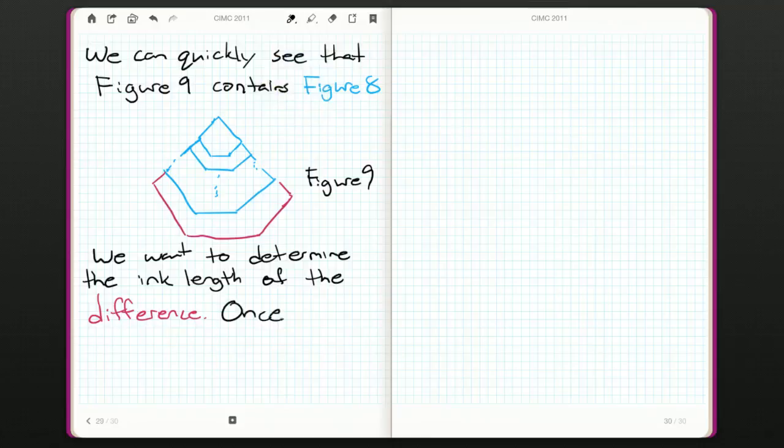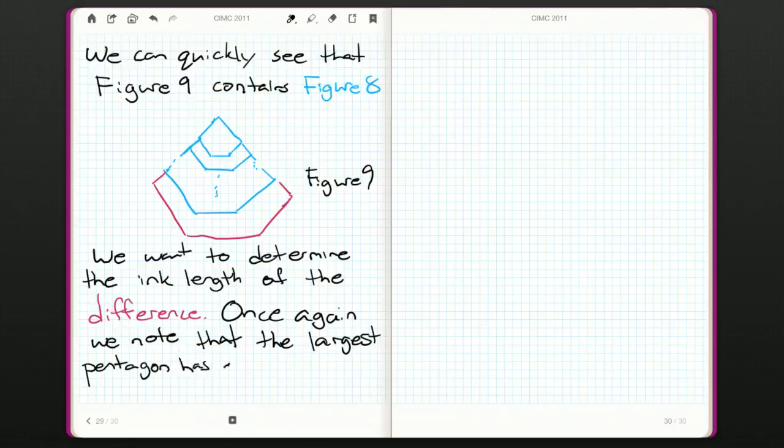So how do we do that? Well, once again, we just note that the large pentagon has side length 9. So each of these guys is going to be 9. In fact, for any figure, it's always just going to be n.